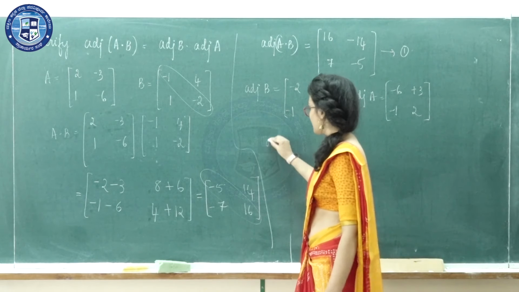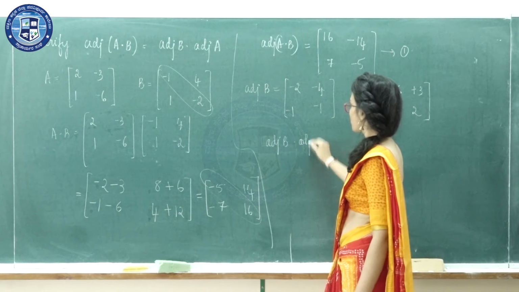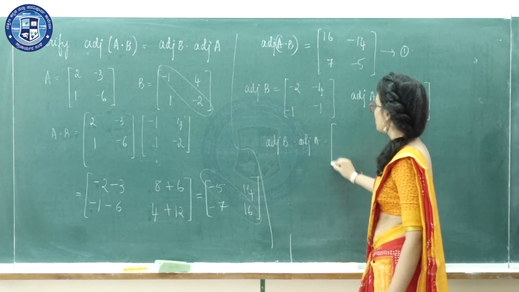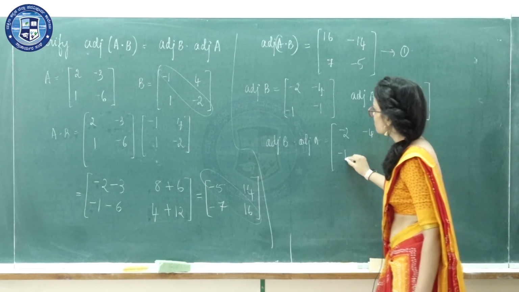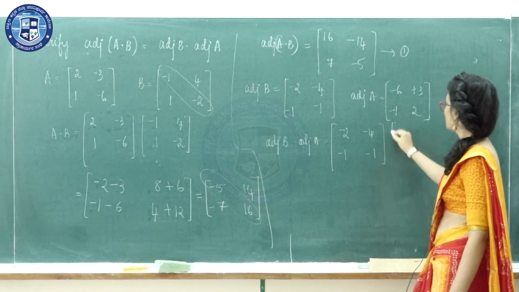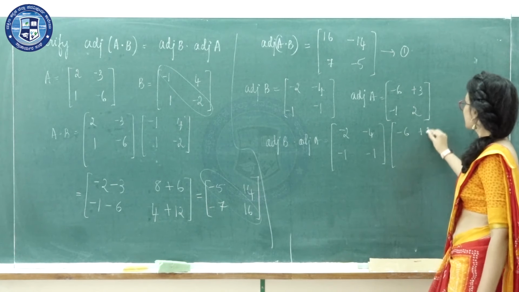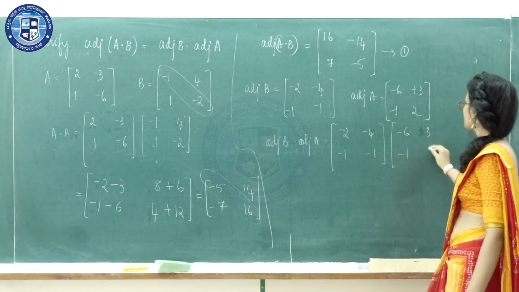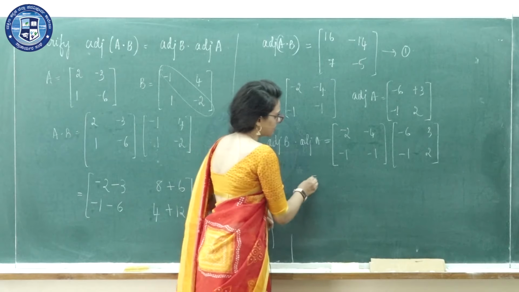Now, let us multiply these two matrices. Adjoint B into adjoint of A is equal to minus 2, minus 4, minus 1, 1, into minus 6, plus 3, minus 1 and 2. So, now let us multiply these two matrices.